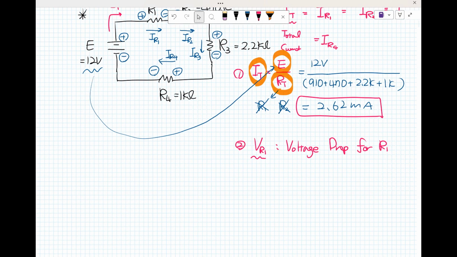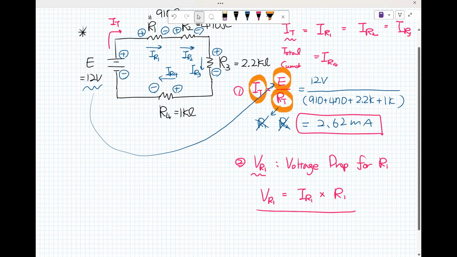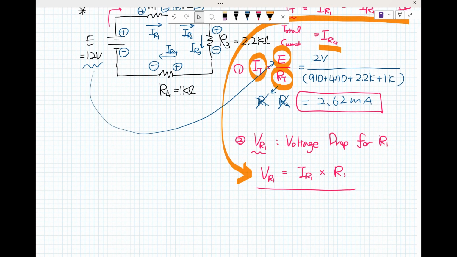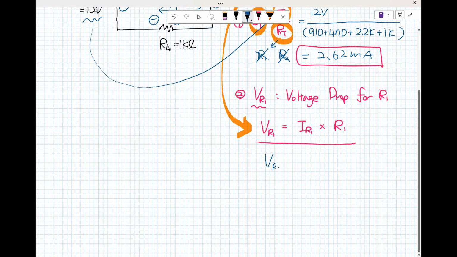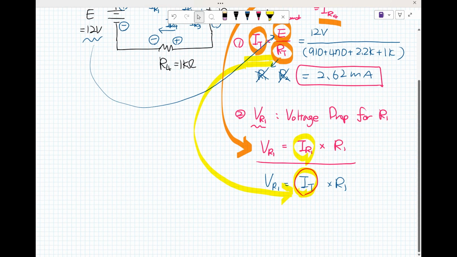That is by using Ohm's law: I sub R sub 1 multiplied by R sub 1, as we learned before here in the DC circuit. So V sub R sub 1 is I sub T times R sub 1, and the I sub T is the same, which we have already calculated.